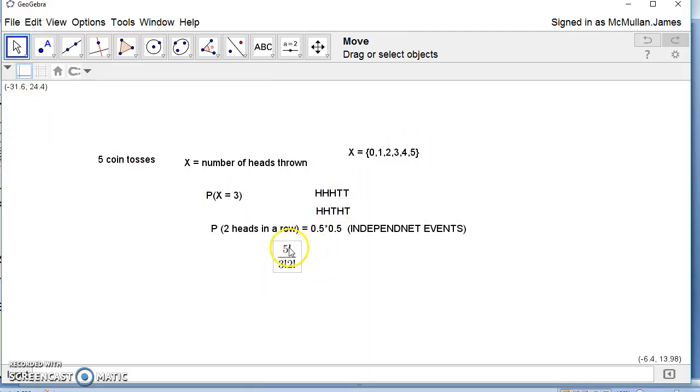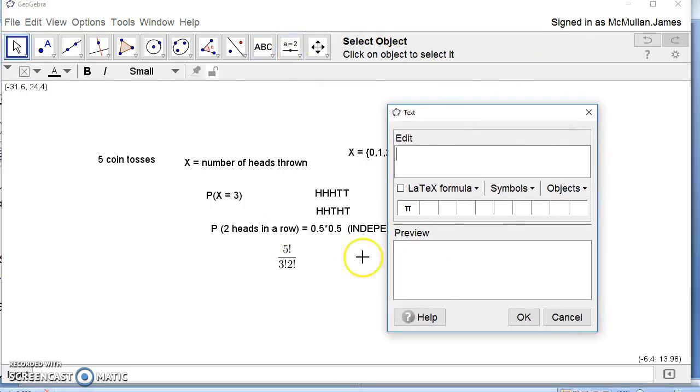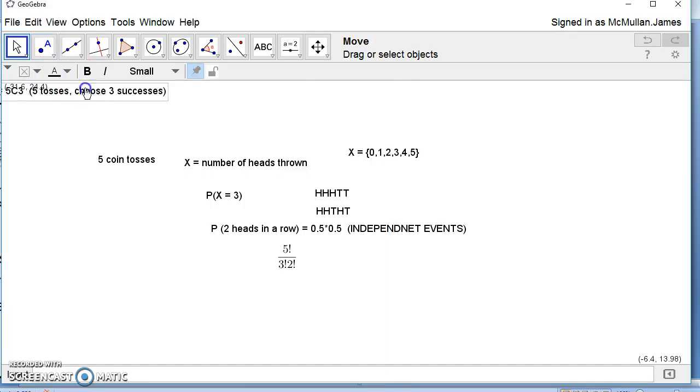Okay, so 5 factorial is because we're scrambling 5 letters. 3 factorial is we're scrambling 3 H's, 3 identical elements, and then the 2 T's becomes the 2 factorial. Now this we should recognize is the same thing as 5 choose 3, which is the same thing as saying we have 5 tosses, choose 3 heads, or 3 successes, let's say.